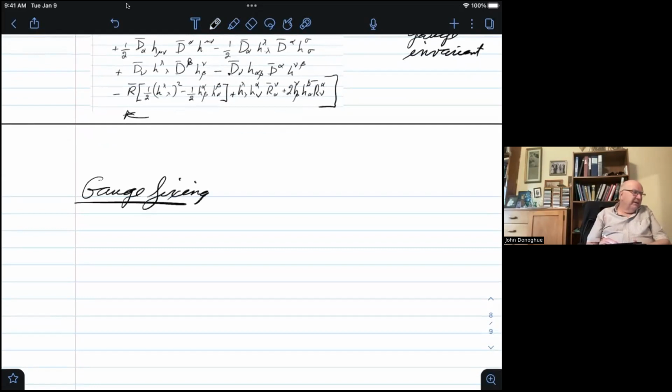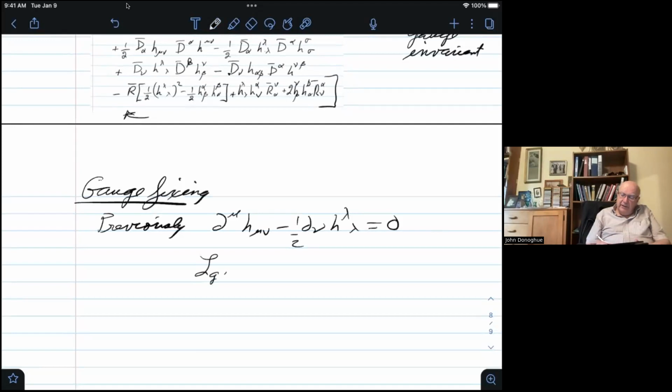Previously I chose the harmonic gauge condition d mu h mu nu minus 1/2 d nu h lambda lambda equals 0. And the gauge fixing Lagrangian was 1/2 this thing squared.